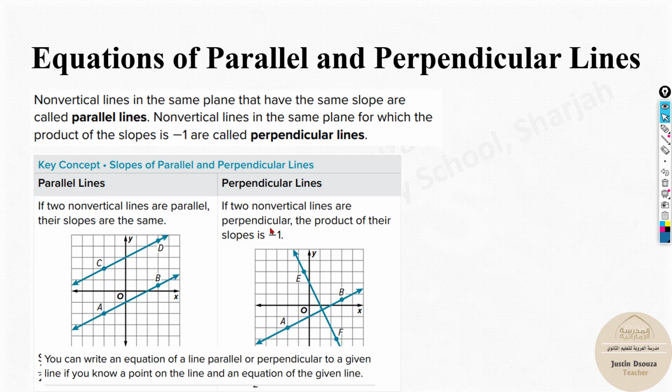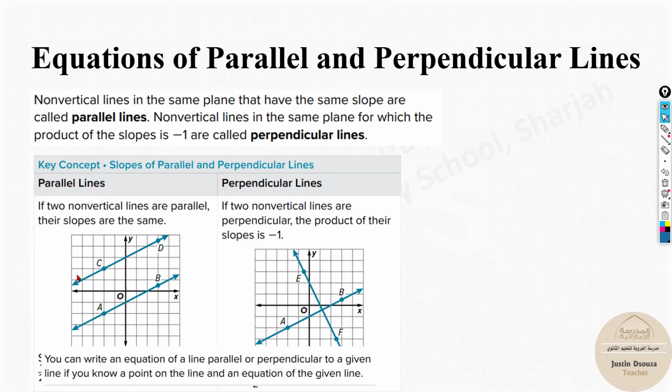Here it is perpendicular, inverse reciprocal, negative reciprocal. Okay, negative reciprocals. I'll tell you in a while. Now, perpendicular lines have a special property that they cut at 90 degrees. So all angles are 90 degrees.